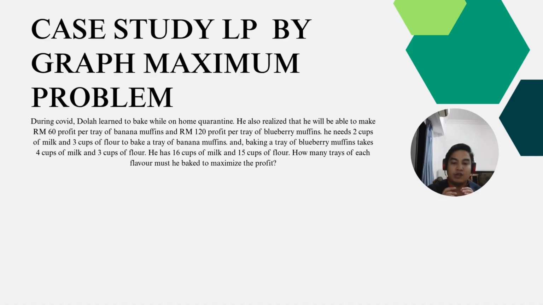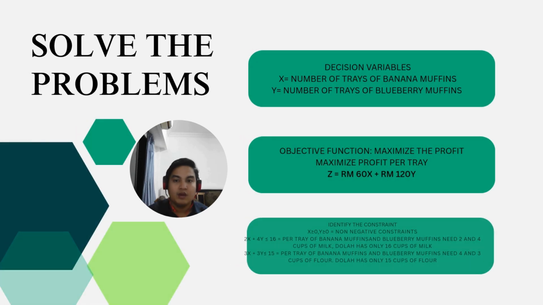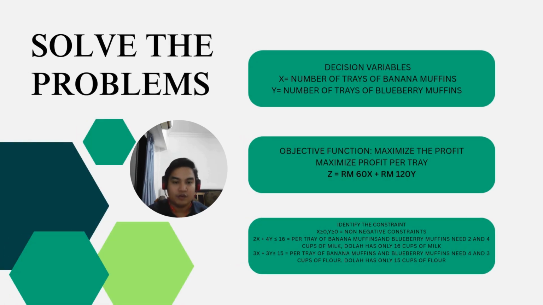Okay, the key question of this case study is how many trays of each muffin should Dollah bake to maximize his profit without exceeding his resources. The next part is to solve the problem using maximum linear programming.